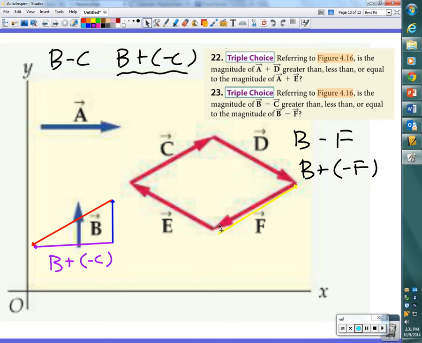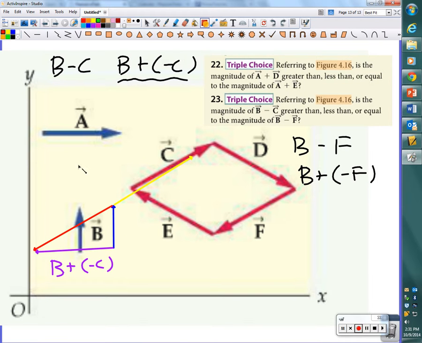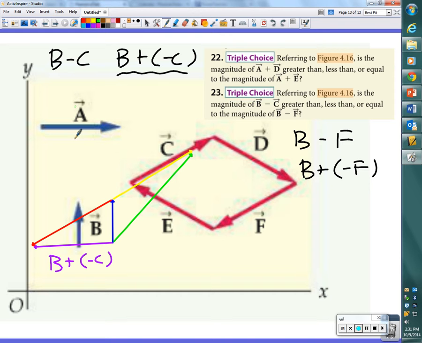And take it from there to there, right? And there's the resultant. And that's B plus negative F. So, to answer the question, which one has a greater magnitude, B minus C or B minus F? B minus F, so B minus C is less than B minus F.